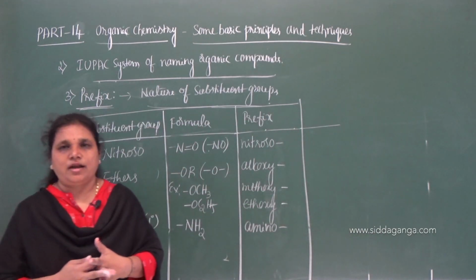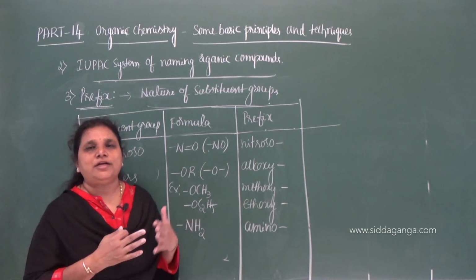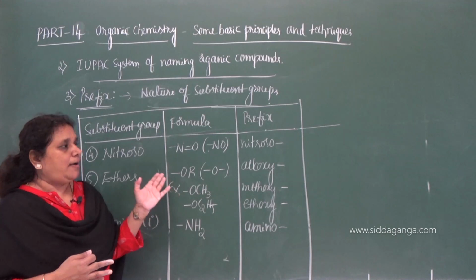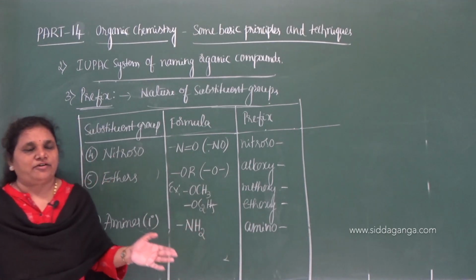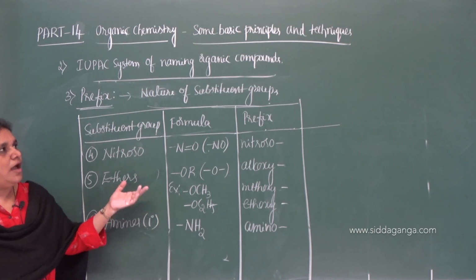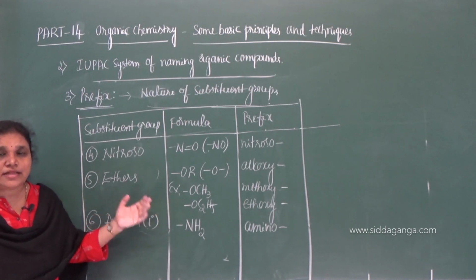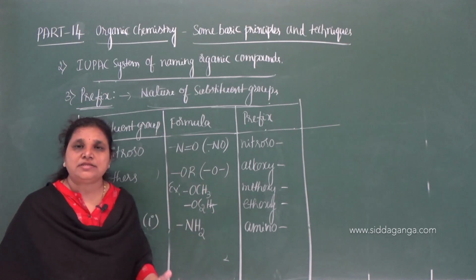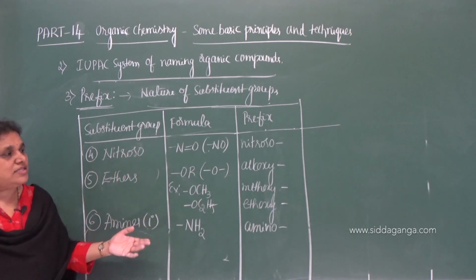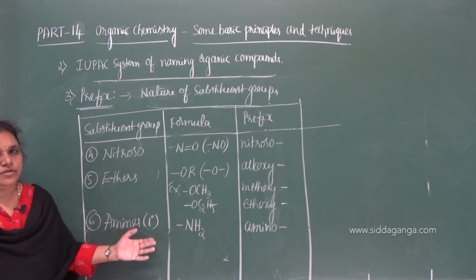Substituent groups are a little bit different from functional groups. I explained what preference we have to give for the functional group and the multiple bonds, and the substituent groups have less preference when they are present along with the functional group. We have to consider these groups as substituent groups.